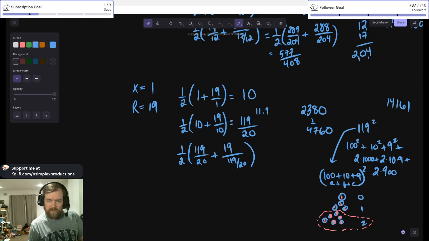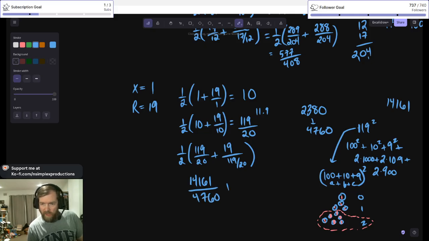Okay. So that is this one right here. Oops. That's going to be 14,161 over 4760 plus 380. Okay, so this 20 has to be multiplied top and bottom, and then we also need another 20 top and bottom to fill out the denominator to make sure that we get equal denominators.